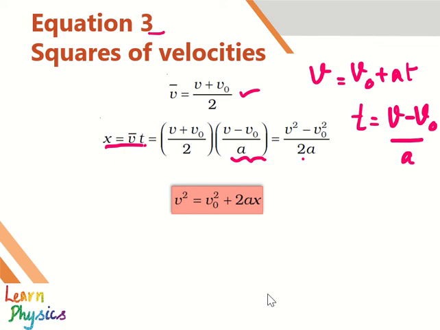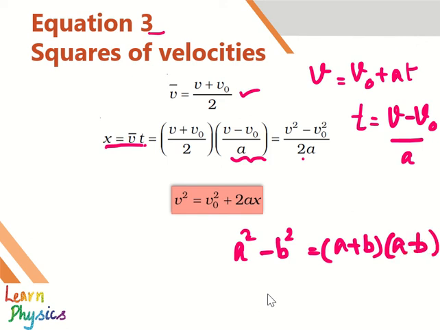Using the formula (a plus b) into (a minus b) equals a squared minus b squared, you will get (v squared minus v0 squared) divided by 2a. The 2a goes to this side and becomes 2ax. If you rearrange, you will get v squared equals v0 squared plus 2ax. And this is equation 3.